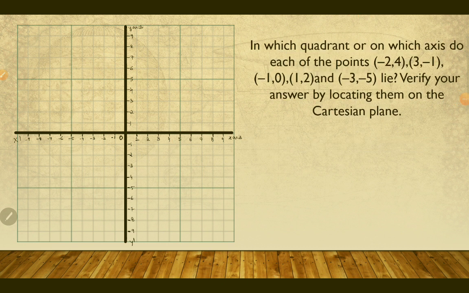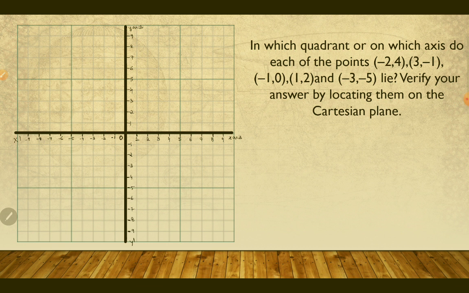In which quadrant or on which axis do each of the following minus 2, 4; 3, minus 1; minus 1, 0; 1, 2 and minus 3, minus 5 lie? Verify your calculation by locating them on the Cartesian plane. First, let's locate them on the Cartesian plane. So minus 2, 4.